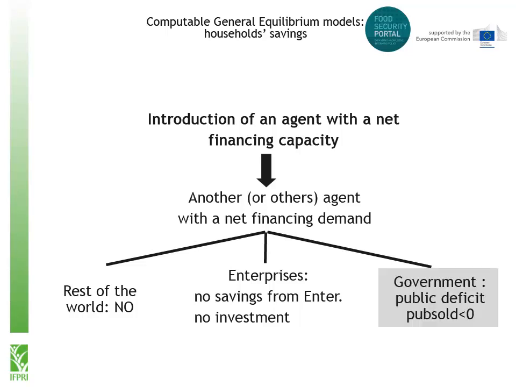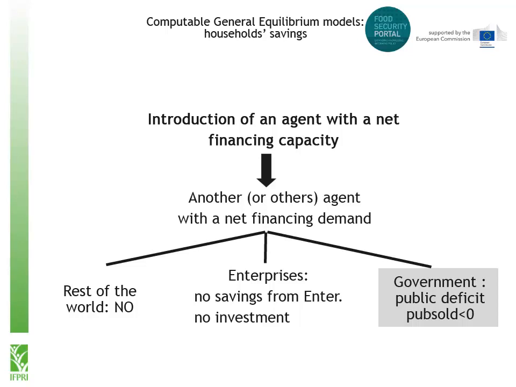So with the model that we are designing right now, the introduction of household savings implies that the government or public administration has a net financing demand, which is the variable PUB_SOLD, the public sold, is negative.